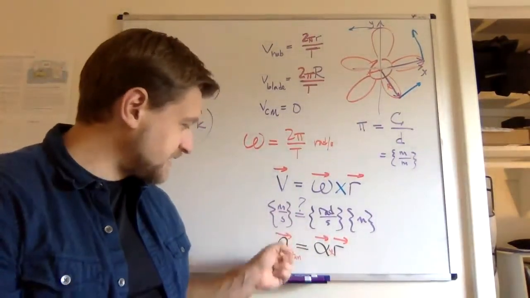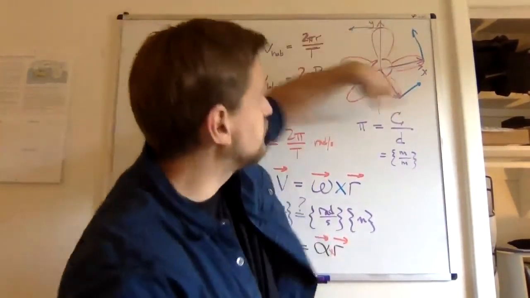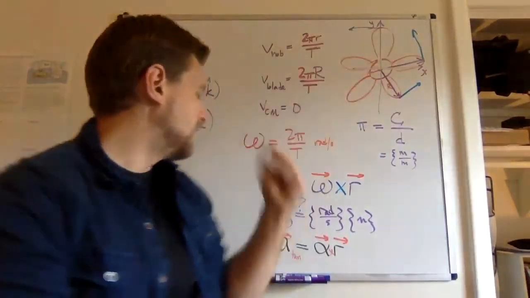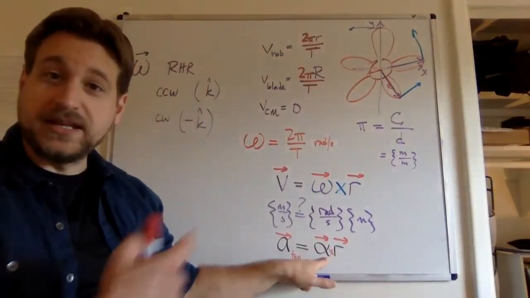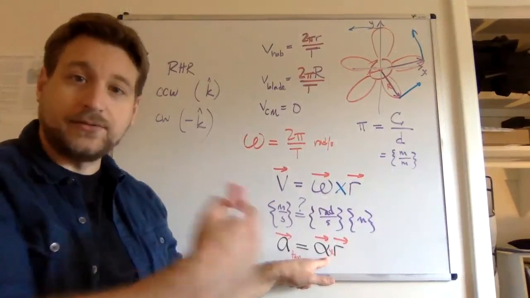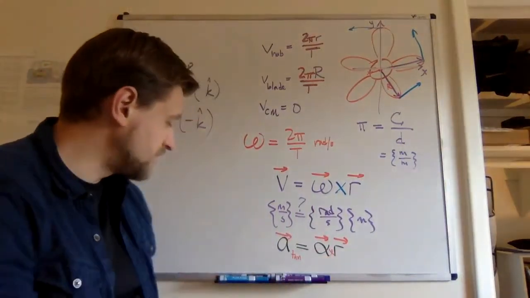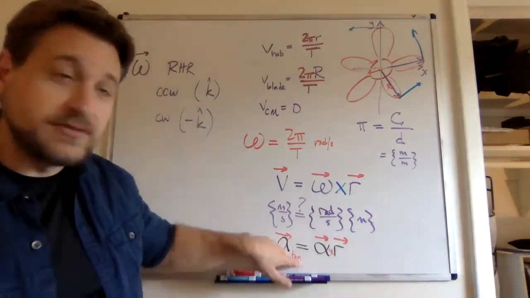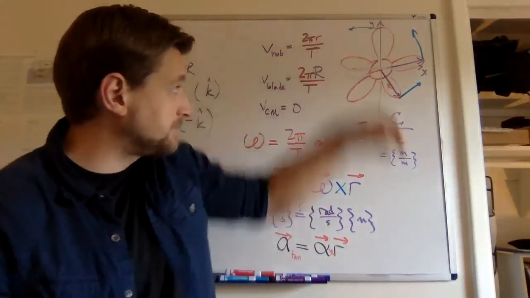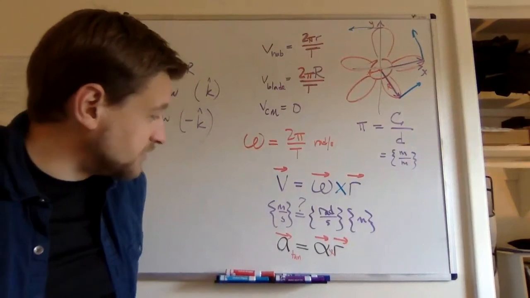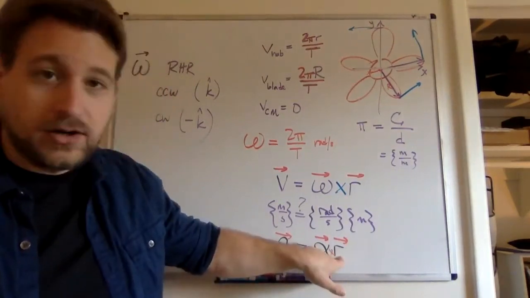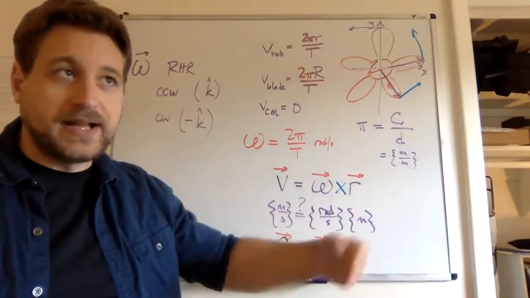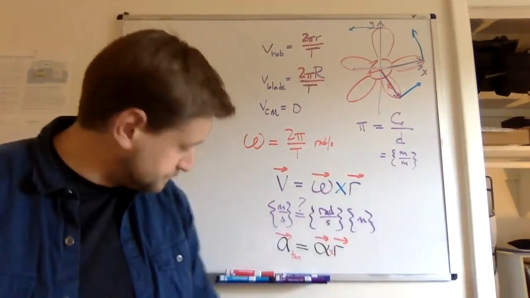This is the acceleration around the circular path associated with the fact that we might be speeding up or slowing down our rotation. So I have acceleration tangent to the circular path of the point in question, the point r away from the axis around which we're rotating.